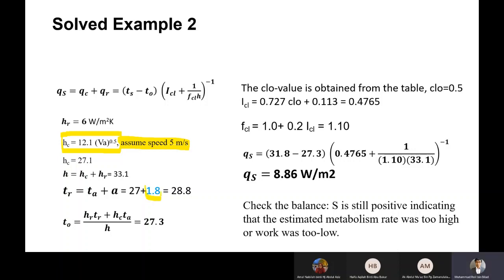I use quite a high constant A for the radiant temperature, because I thought of running outside. But if you say that it must be indoor, I just noticed it must be indoor.